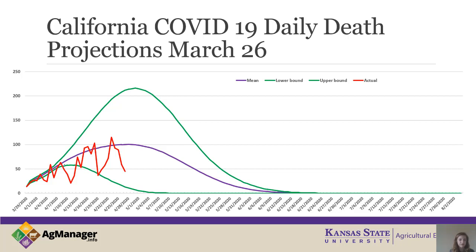But for the most part, the daily deaths have tracked right along the mean. We've seen some variance, given different days, but we're pretty much staying within these bounds and following the mean. So it will be interesting to see in the next couple days where this red actual line starts to go, if it continues to maybe trend down some or continue kind of on this sideways movement here along the mean.